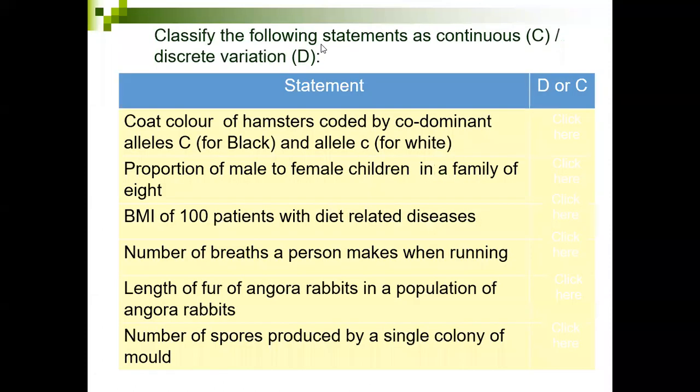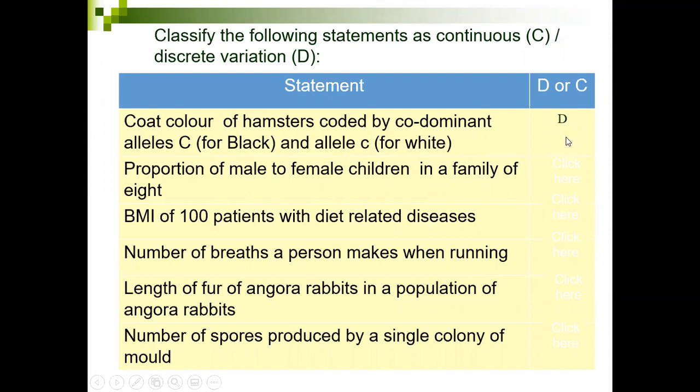Okay, so let's answer this question. Classify the following statements as continuous or discrete variation. You all try. Coat color of hamsters coded by codominant allele C for black and allele small c for white. Discrete variation, correct.